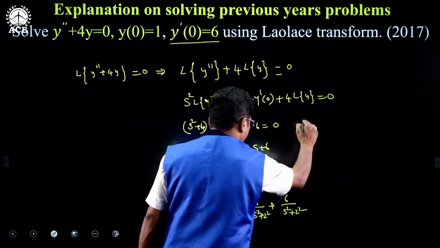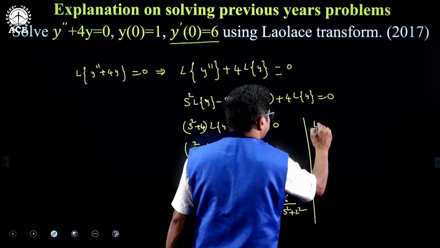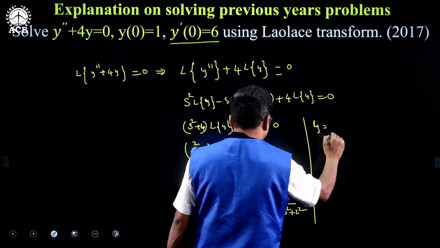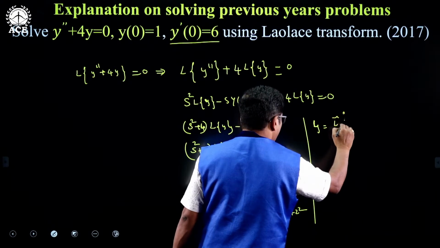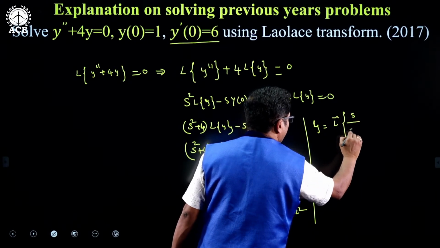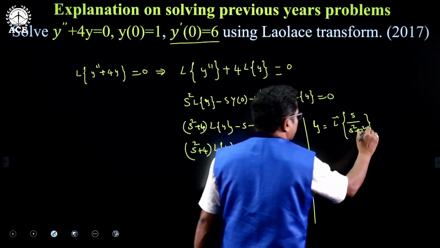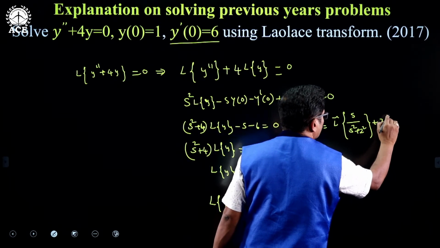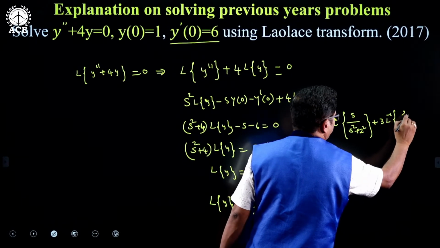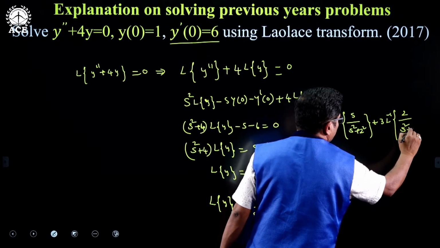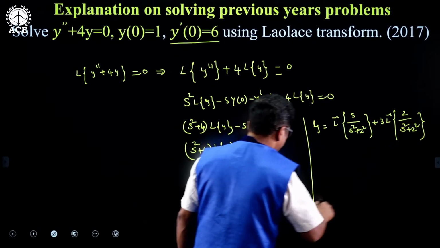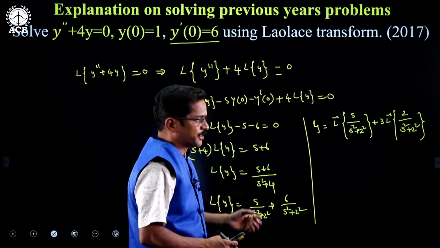So then y equals L inverse of s by s square plus 2 square plus 3 into L inverse of 2 by s square plus 2 square, we can write. Because 6 is there, na? 6 can be written as 3 into 2.